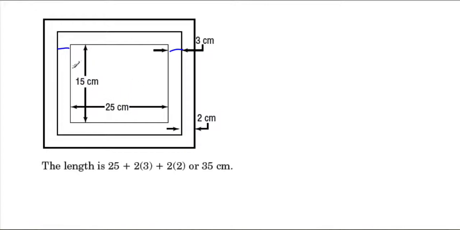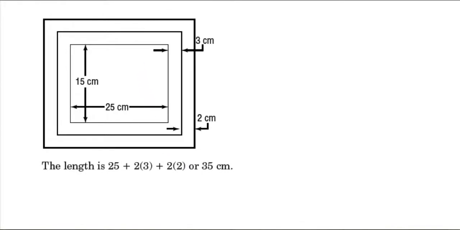So it's 25 plus 3 plus 3, or 25 plus 2 times 3. And if you notice, there's 2 centimeters here, and there's 2 centimeters on the other side, and that's also the reason why it's 2 times 2. So, if you add them all up, the length of the biggest rectangle will be 35 centimeters.